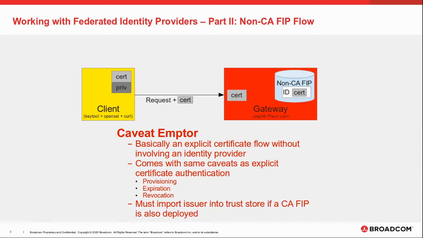In addition, if you are working on a gateway that has both a CA-based federated identity provider and a non-CA based identity provider, for every certificate you load into the non-CA FIP, you have to also import that certificate into the trust store and mark it as valid for signing client certificates.